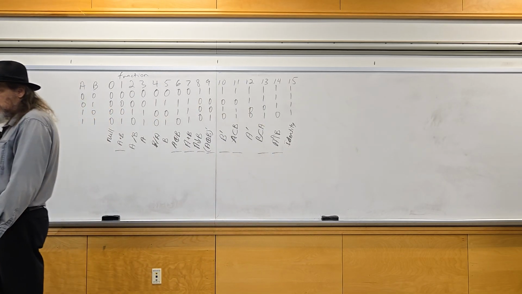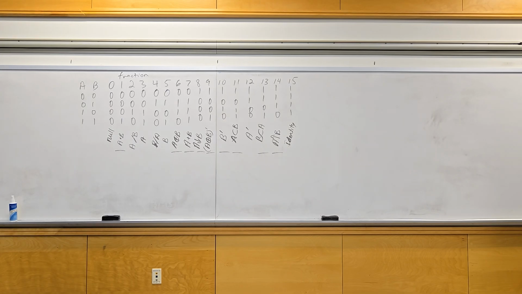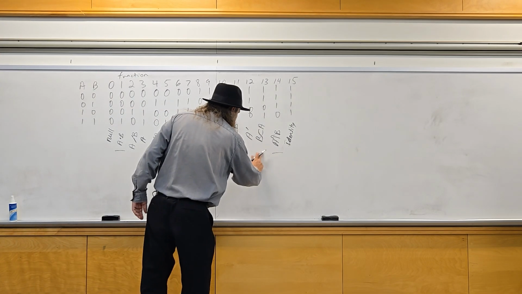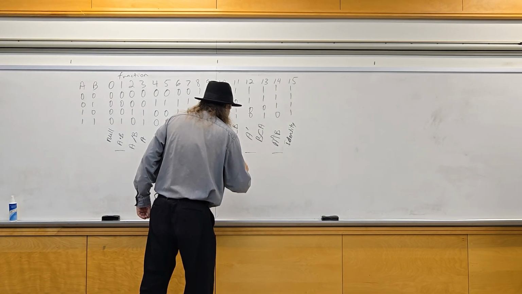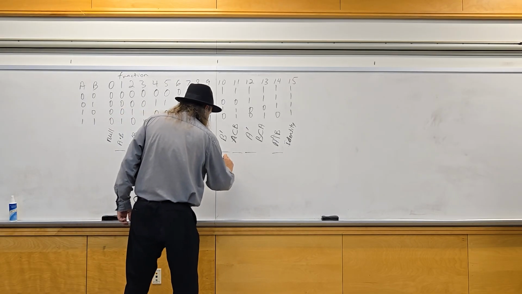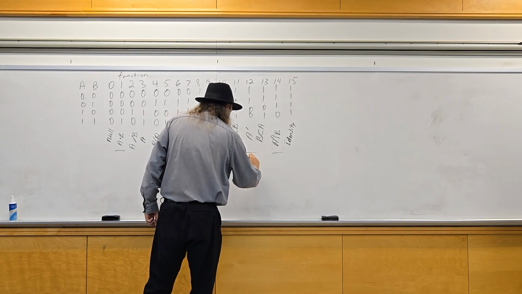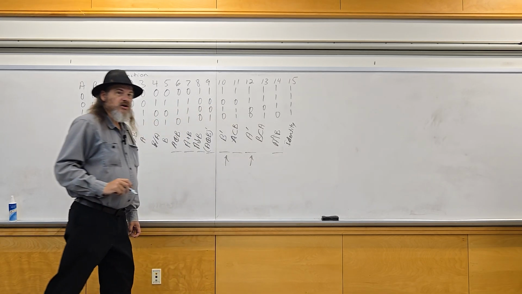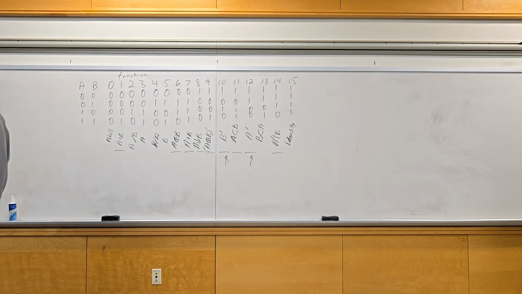So the underlined functions, with the exception of these two, B prime and A, are commutative. It doesn't matter which input goes where.